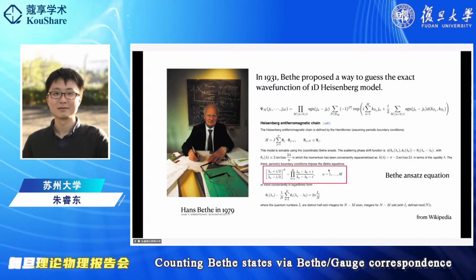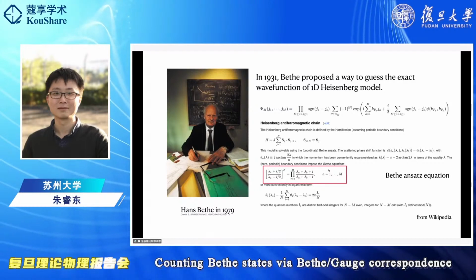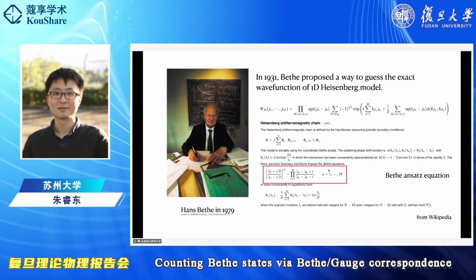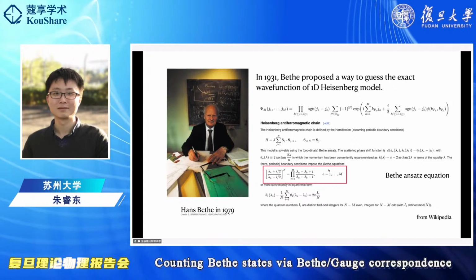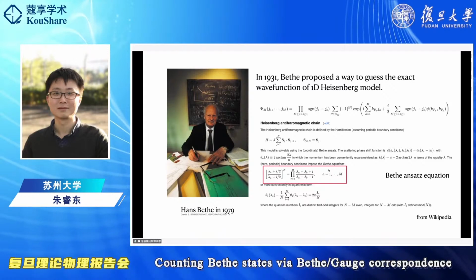So if you require that these parameters satisfy this equation, which is now called the Bethe equation, then the wave function will be the eigenstates of the system.